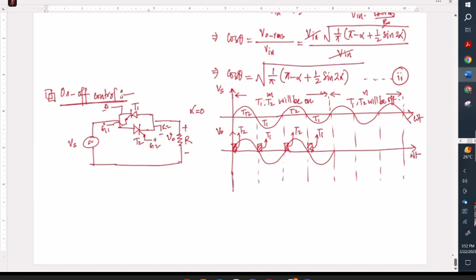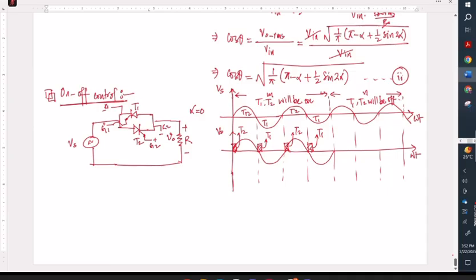So now, tell me, what should be the average value of this waveform? Sir, 0. It is 0, right? Because whenever you have a waveform that has the positive half equal to the negative half, they will cancel out, and during this portion the value is also 0.